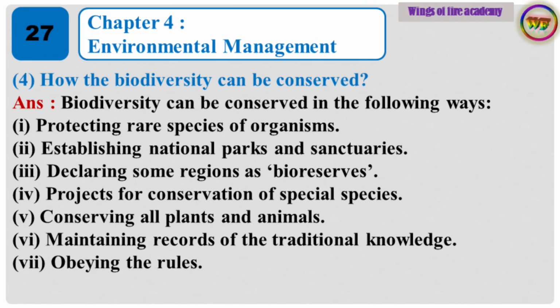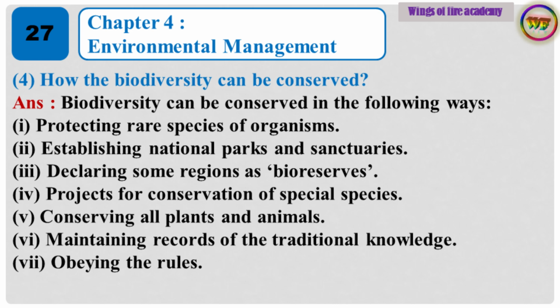Sub-question 4. How the biodiversity can be conserved? Answer. Biodiversity can be conserved in the following ways. Point 1. Protecting rare species of organisms. Point 2. Establishing national parks and sanctuaries. Point 3.